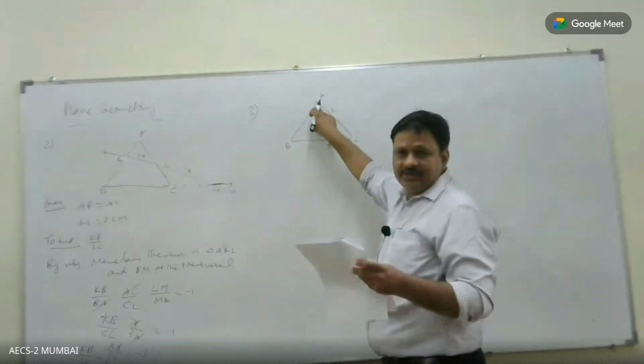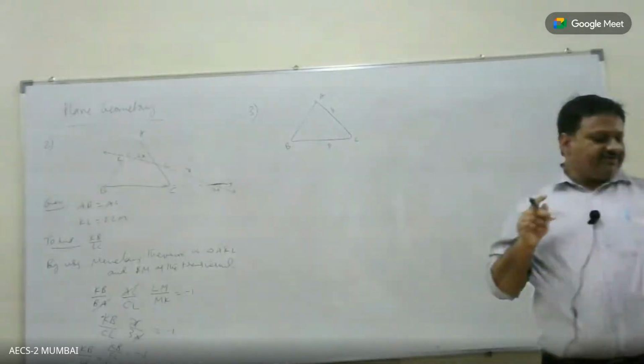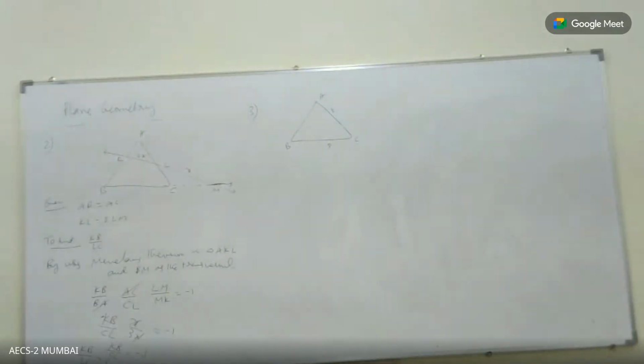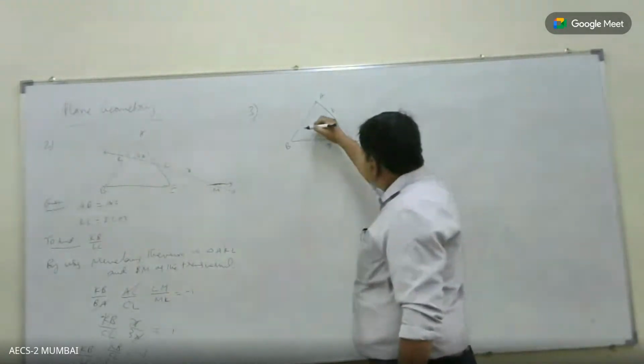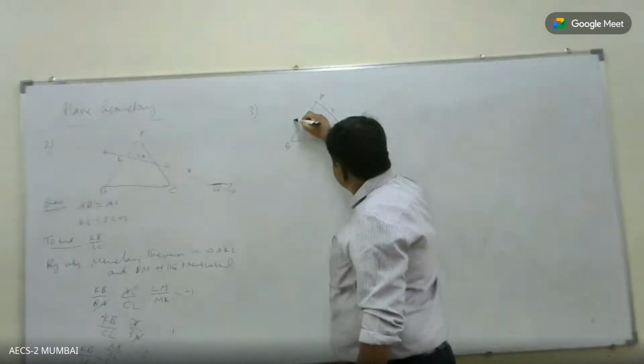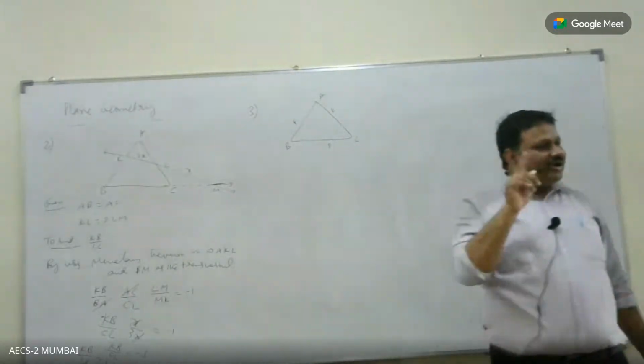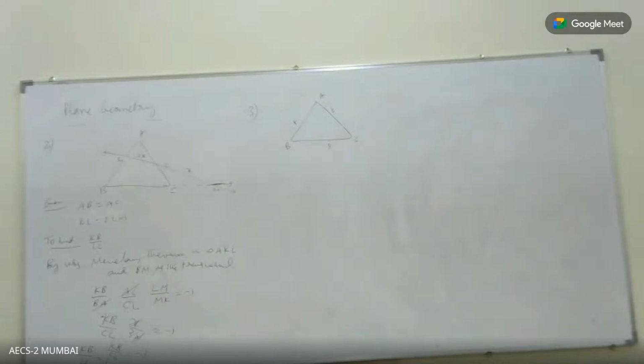Two parts, one part. F is chosen on AB such that AF by FB is 2 by 1. If you located these ratios correctly, you are almost there.